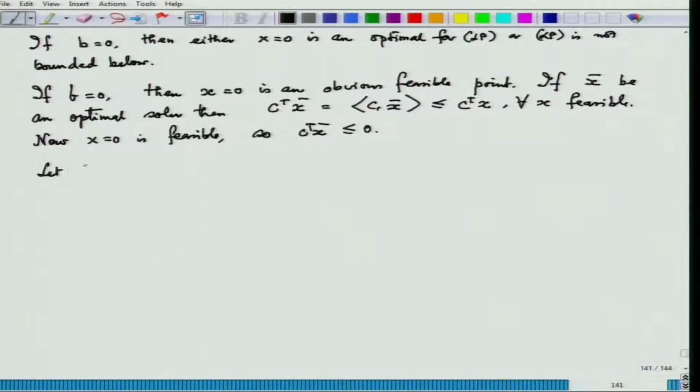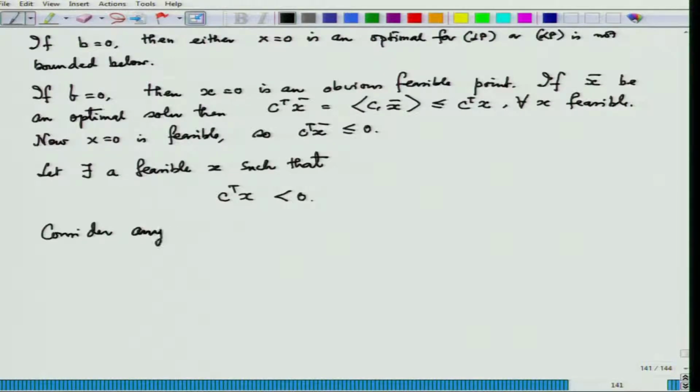So, let there exist a feasible x such that c transpose x is strictly less than 0. Now, consider any lambda greater than or equal to 0, maybe greater than 0, it does not matter. So, A of lambda x is lambda Ax, which is equal to lambda times b, and b is equal to 0.